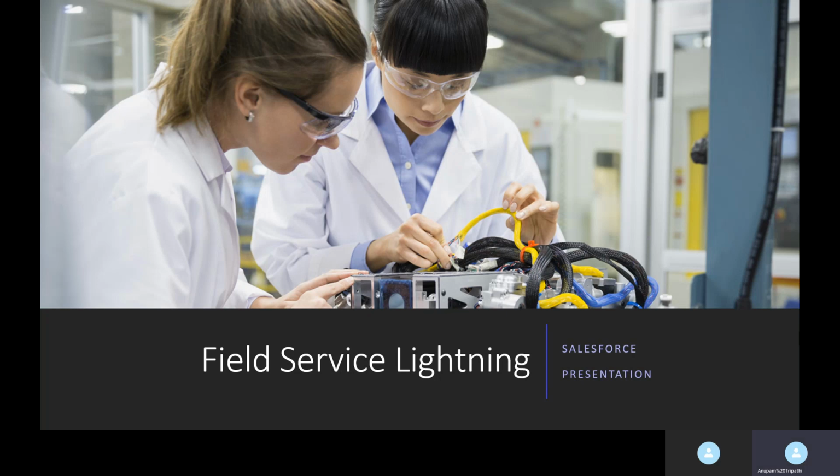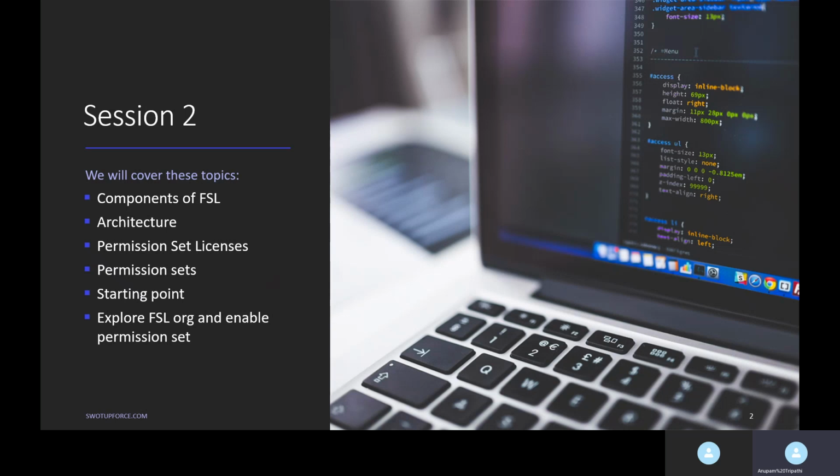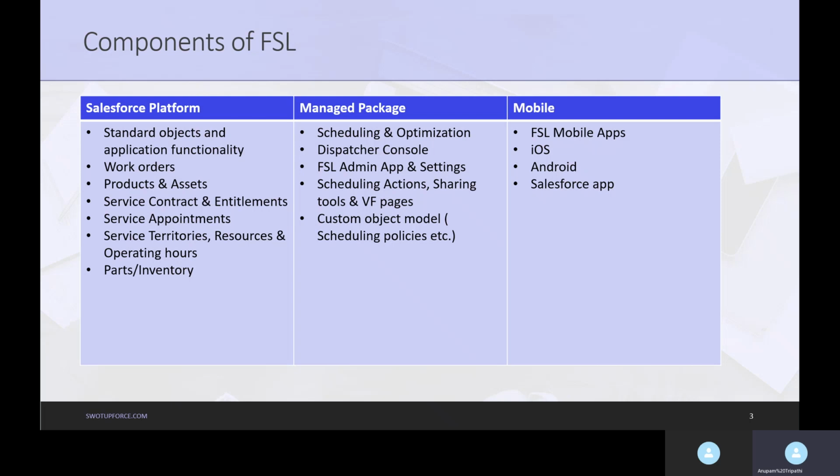Today, before starting, let's recap what we did in the second session, the last session. We talked about the three components of Field Service Lightning. One is the basic Salesforce platform features, where you get objects and other standard features.